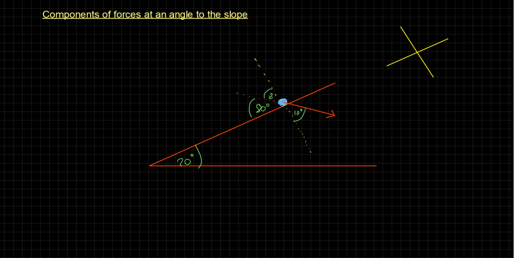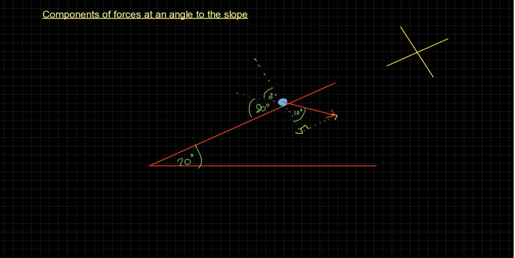And now we can split it into components. If I just rub down this yellow line a bit, that red force, I can now say we're going to split it like this, and that angle there is 10 degrees.